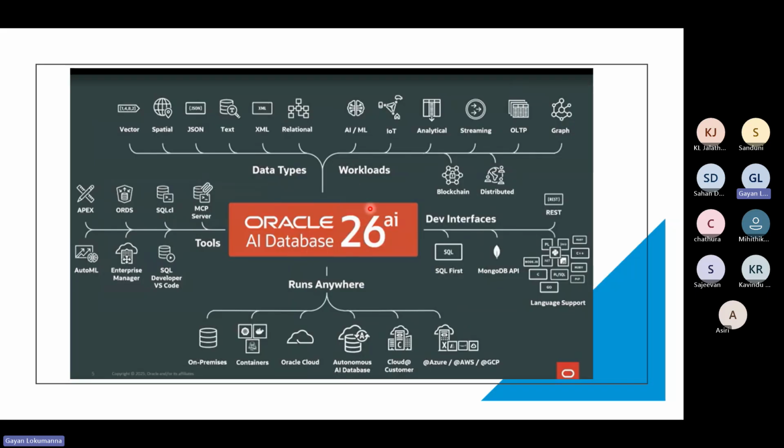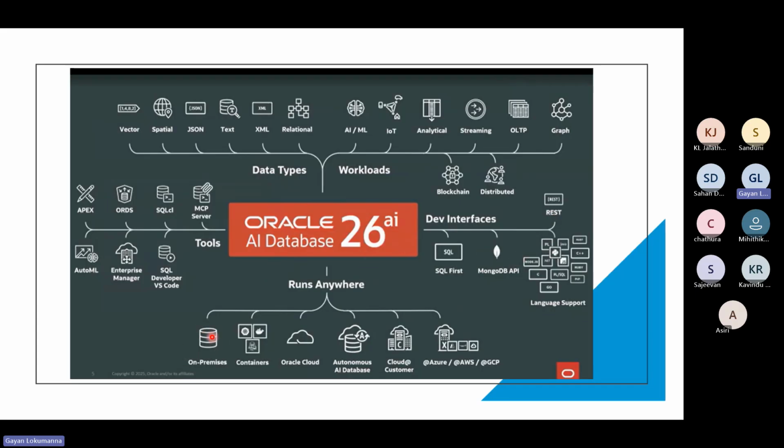And additionally, capabilities like AI and ML are all available within this database. And from a tools perspective, MCP is something new that people talk about. And we also have development environments or interfaces, and the capability now of running the database anywhere you want, right?